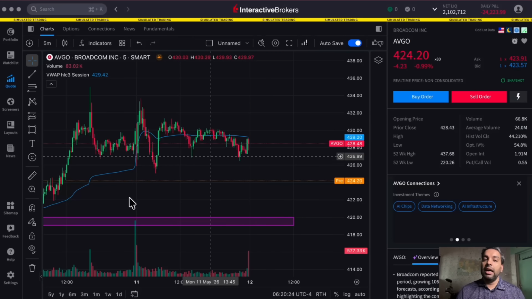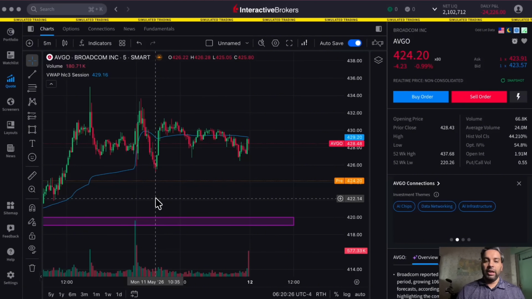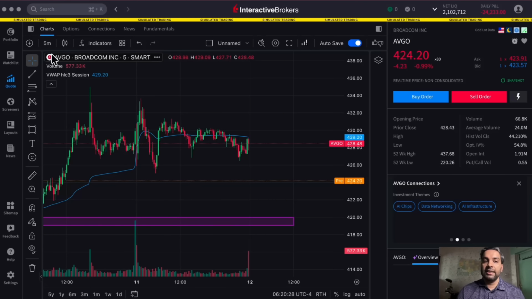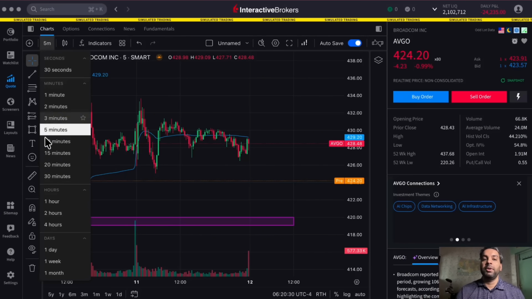As you see, while I was making sure that I was drawing my lines, I was also testing it on multiple time frames. So what that means for me, say for example, if I'm looking to take a trade that I'm going to be holding the same day, what I mean by that is I'm going to close it after the momentum, or I'm going to close it regardless by the end of the day.